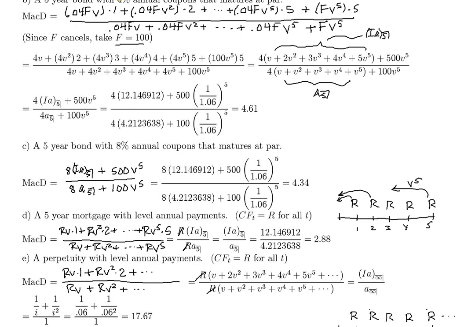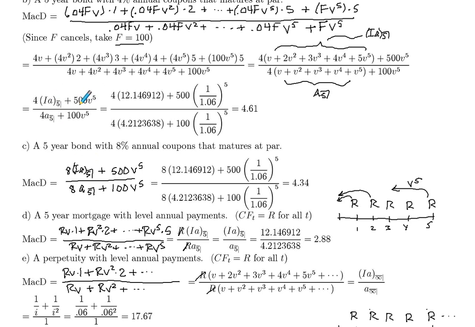So up here, in Part B, we had 4% coupons. So these values were all multiplied by 4. The only difference down here is that they were multiplied by 8. So if you look at after we simplified here, notice that this number and this one stayed the same down here, but then these numbers here at the beginning, for the 8% annual coupons, these numbers were twice as big as they were here.